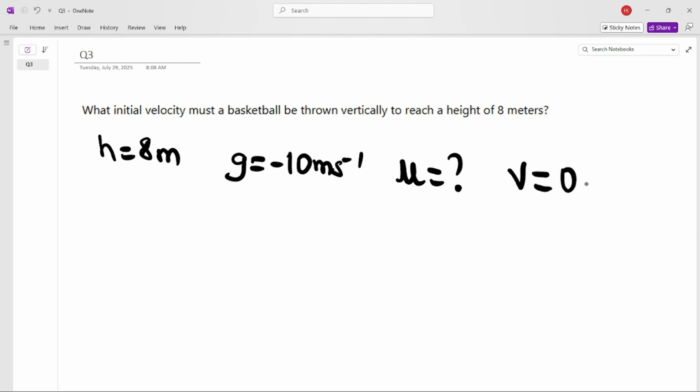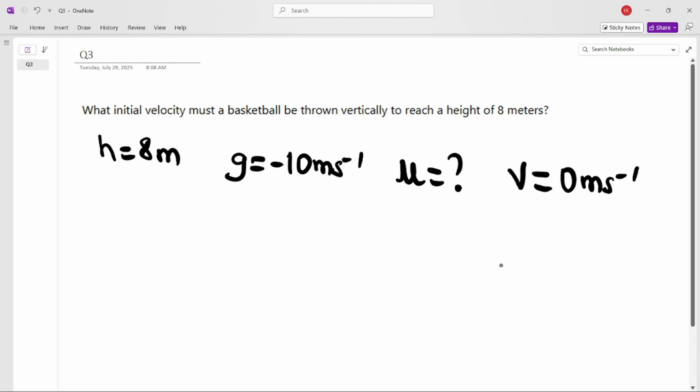Okay, come again with that. I said since the ball is going upwards for some time, the final velocity will be 0 meters per second. Millicent, did you capture that? No, sir. Okay. So you see, when you throw something into the air, it will go to a point where it will temporarily stop before turning towards the earth, right?